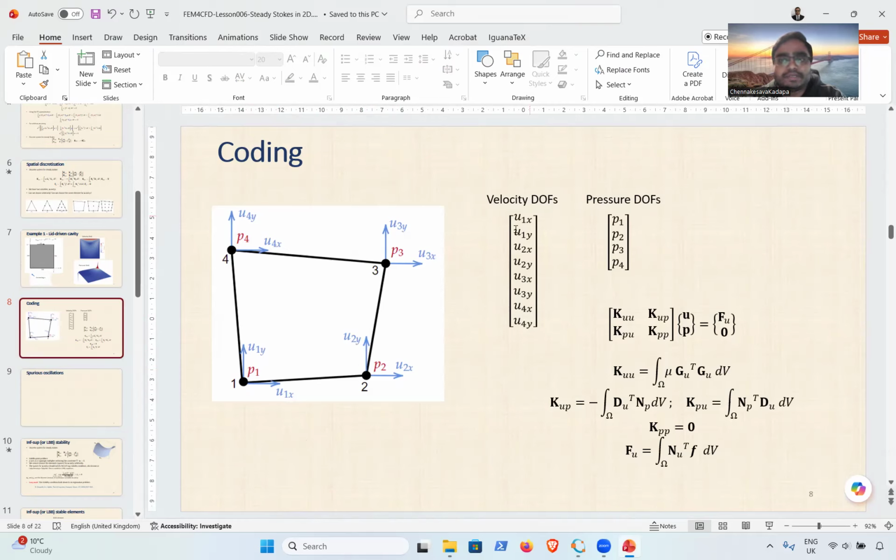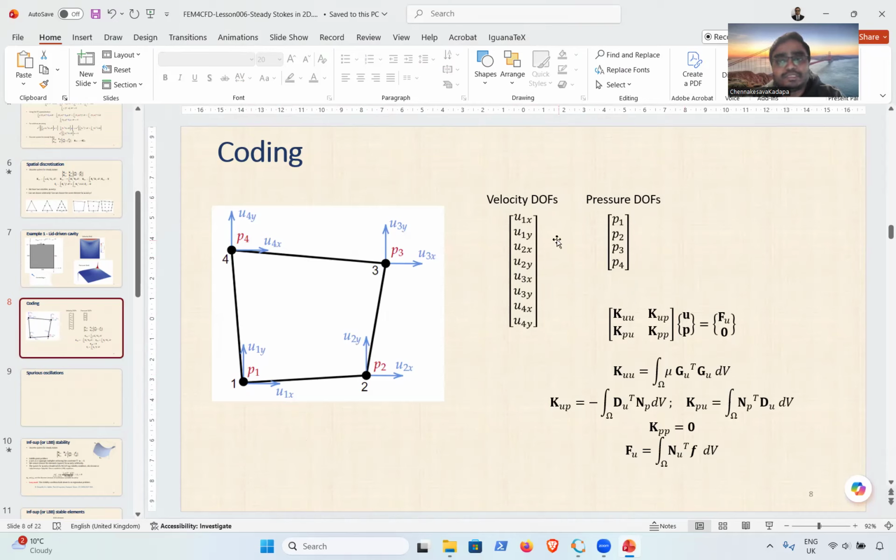We can store them in various fashions. One way is what I'm showing here. We store all the velocity degrees of freedom together, and then all the pressure degrees of freedom together. In this way, we separate u and p degrees of freedom.